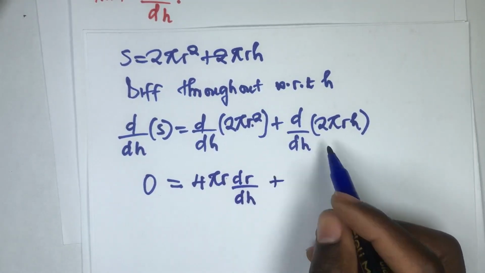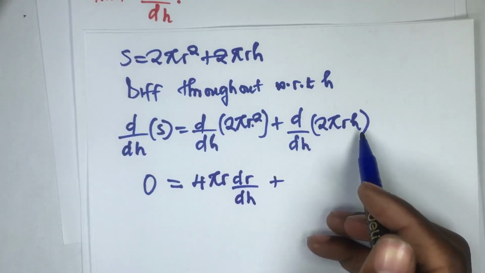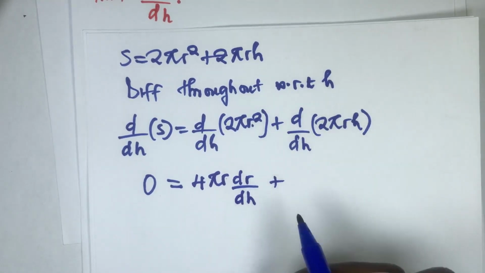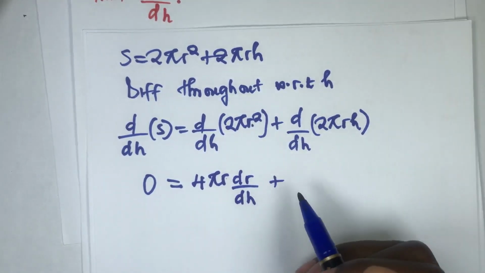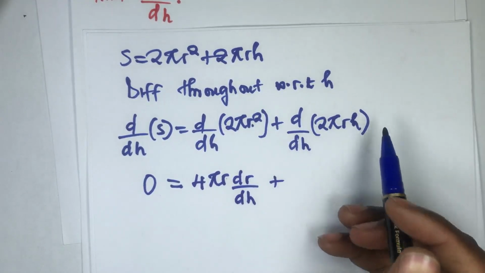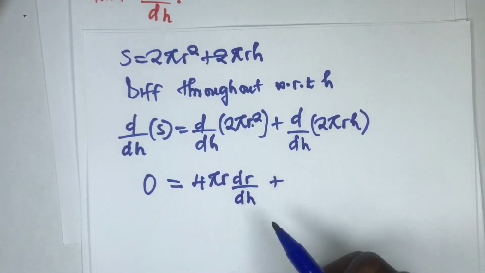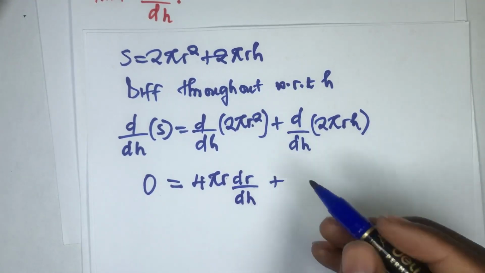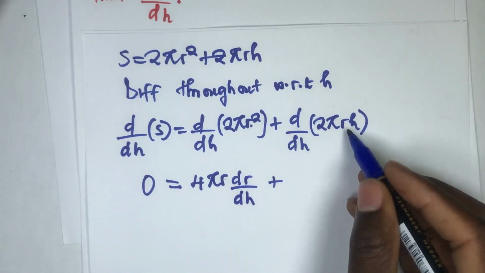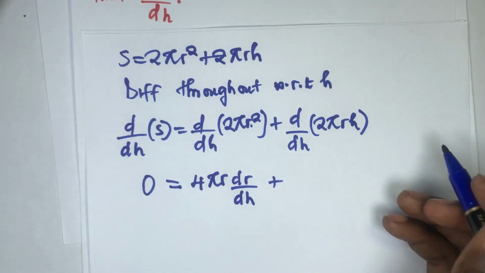Plus, when you look at this term here, we've got r and h, meaning that we've got two functions being multiplied by each other. If you have two functions being multiplied, the differentiation method we use is the product rule. For the product rule, we keep the first function and differentiate the second, plus we keep the second function and differentiate the first.